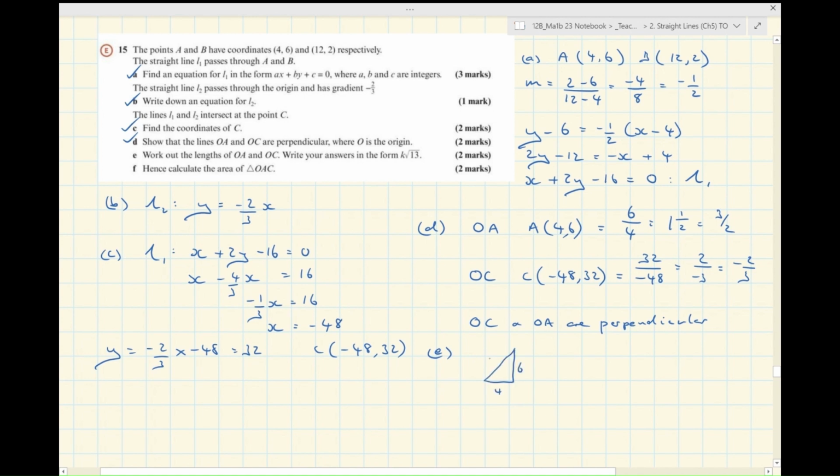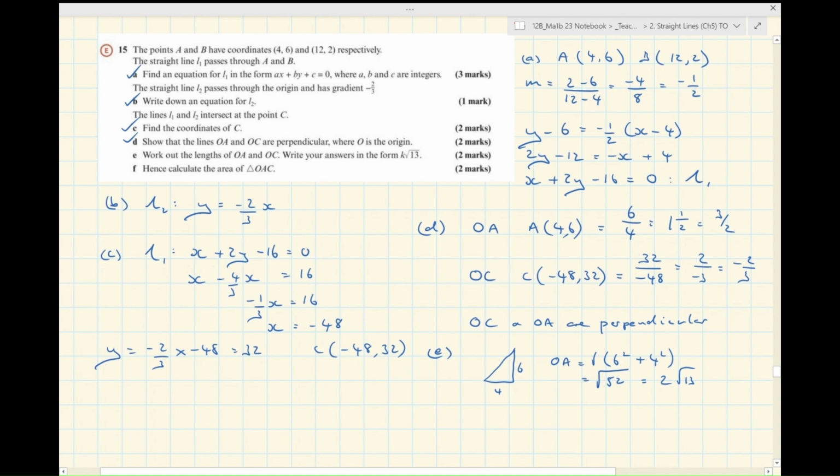So that length, OA, is simply the square root of 6 squared plus 4 squared, which is the square root of 36 plus 16, which is the square root of 52, which is 2 root 13, since 52 is 4 times 13.